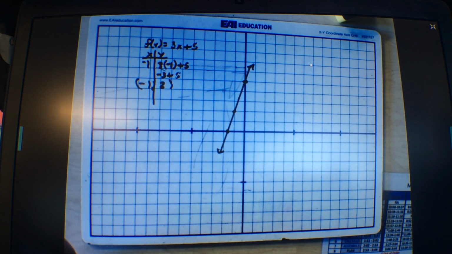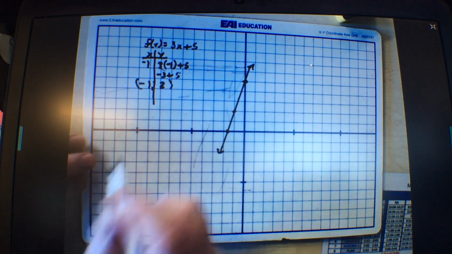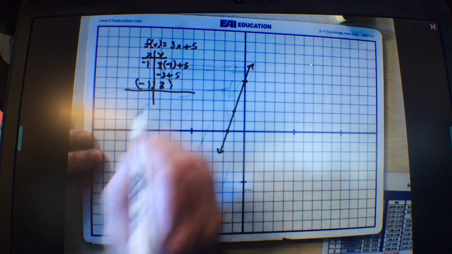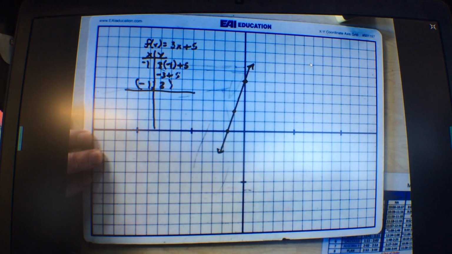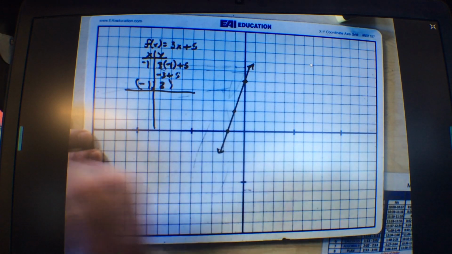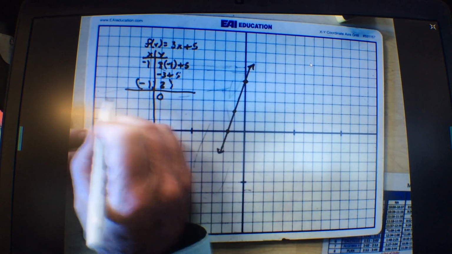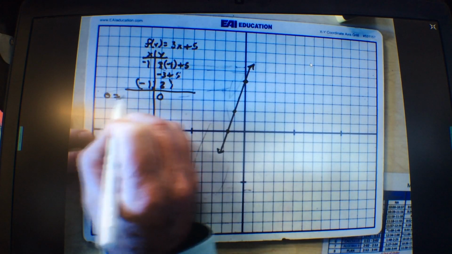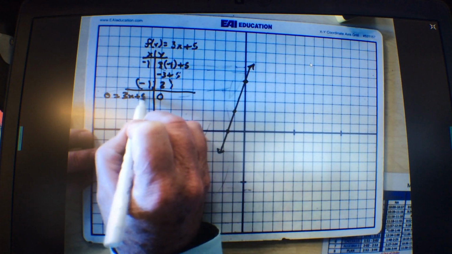It's not on a line, is it? So we really don't know what the value of it is, do we? So it's nice to have a second method. And what did I do again? There's 0 for y, or f of x in this case, right? So I put 0 in, and on this side I put 0 equals 3x plus 5.